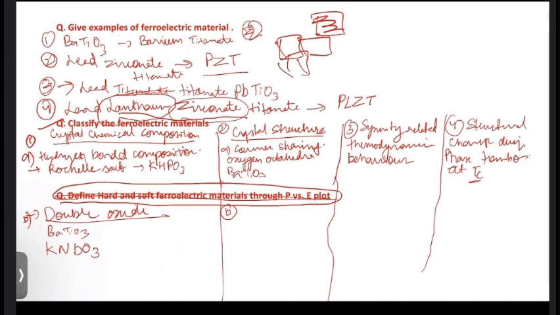If I make another unit cell over here, it will be sharing the corner with the other unit cell as well.